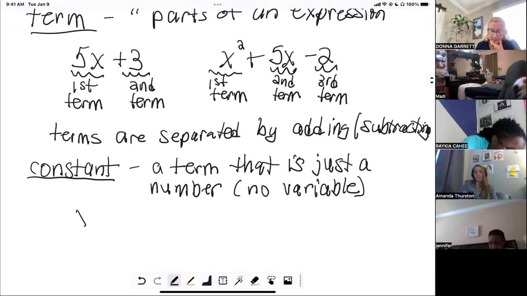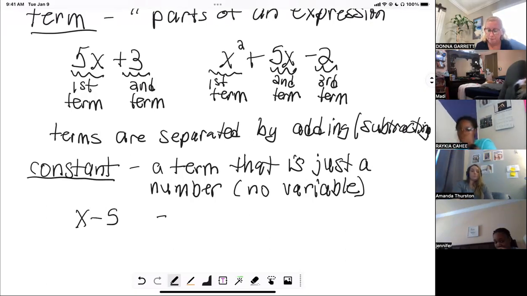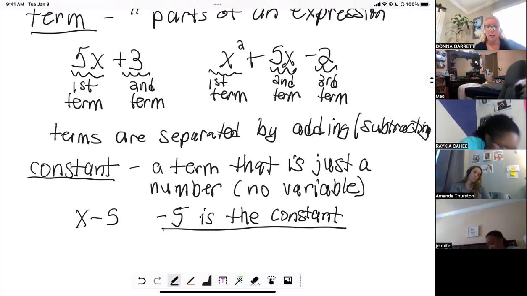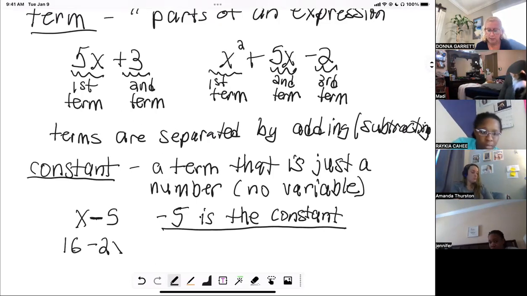Okay, so for instance, x minus 5. We have to take the sign in front with it like a negative. So -5 is a constant. If it was x plus 5, it'd be 5 as a constant. You always take, remember, a minus is a negative, so you have to take that with your constant. 16 minus 2x.